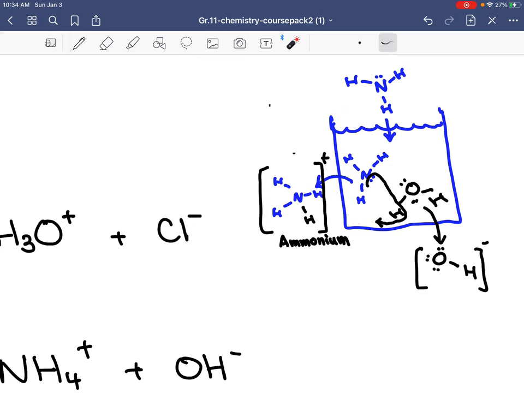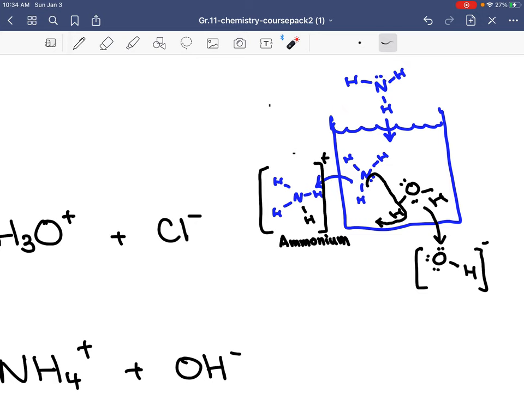Now, we'll talk about strong and weak acids later on, but H2SO4 is an acid for now, of course, and it will dissociate to give you H plus and HSO4 minus. Okay? If you remember, this is the bisulfate or hydrogen sulfate anion. Now, the thing is this though, it just stops here.